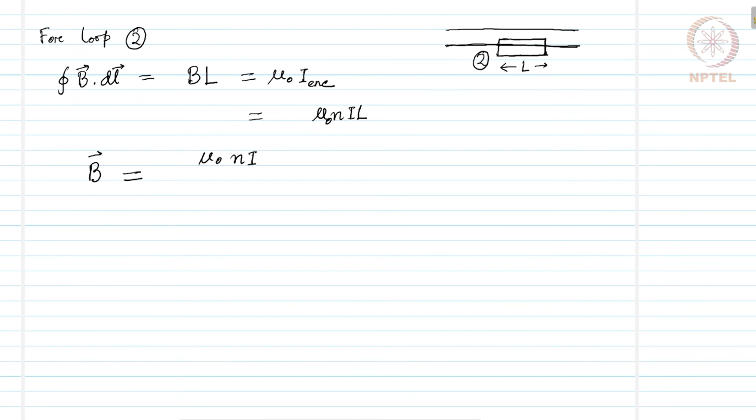If we worry about the direction, this would be along the z direction, and it would be 0 outside. So, this would be the expression for the magnetic field everywhere in space.